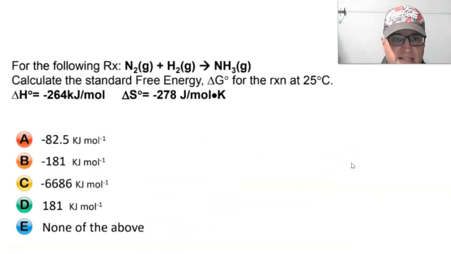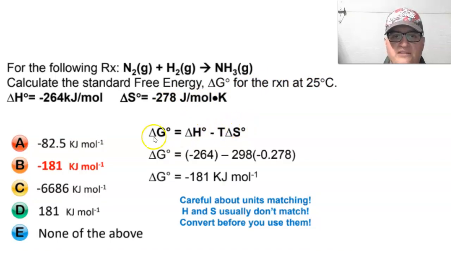Looking at some standard calculations, your H is given, your S is given, calculate delta G. Equally, depending on the problem, they might give you delta G, they might give you H, they might give you S, or ask what the temperature is. Any one of those variables you can solve for. So in this case, you're plugging in your values. You have to be careful about watching your units.